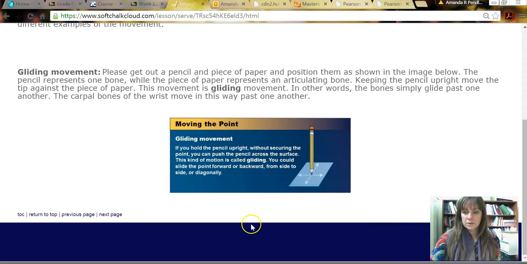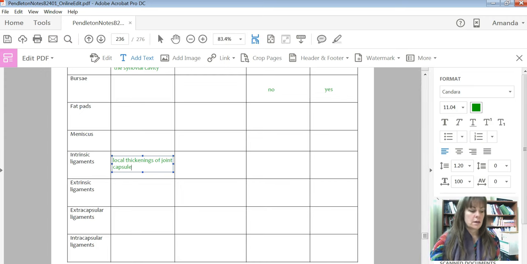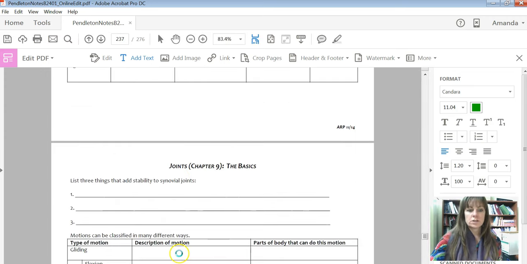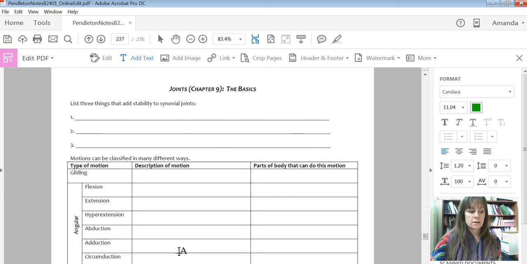Now, some examples of bones that do this, and if we go here to our notes packets, under description of the motion, I'll let you put that in your own words. So describe what we just talked about. If you can put it into your own words, you probably understand it. If you can't, then contact your instructor, read your book, watch the video again, and see if you can put it into your own words.